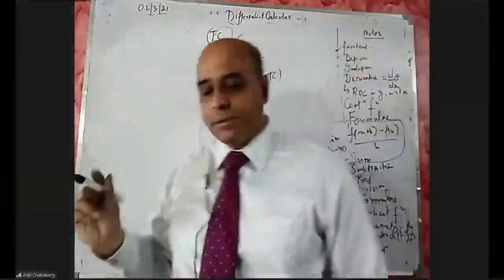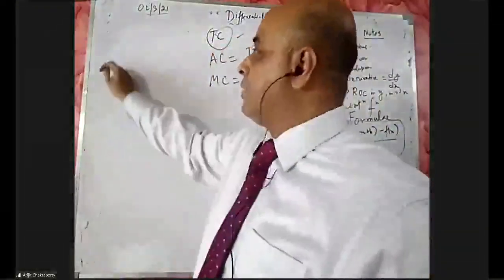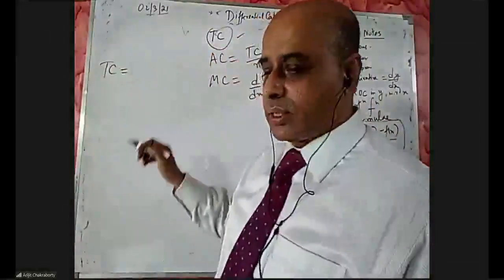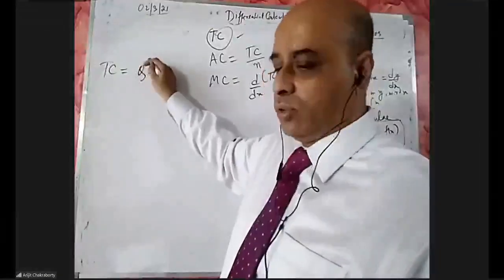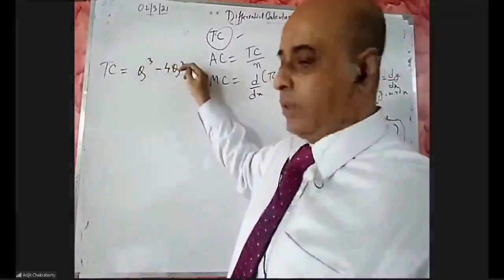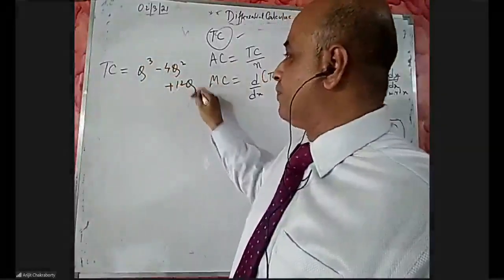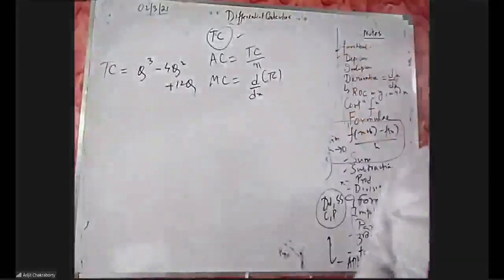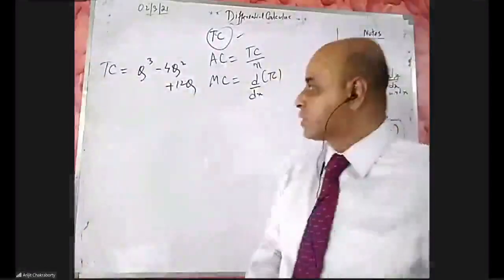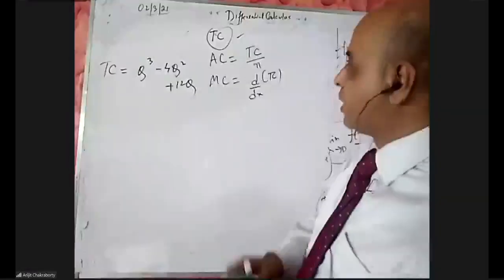Now in this question, the total cost is given. The total cost of the company is Q cube minus 4Q square plus 12Q. This is the total cost function. Number 1, you have to find the average cost.